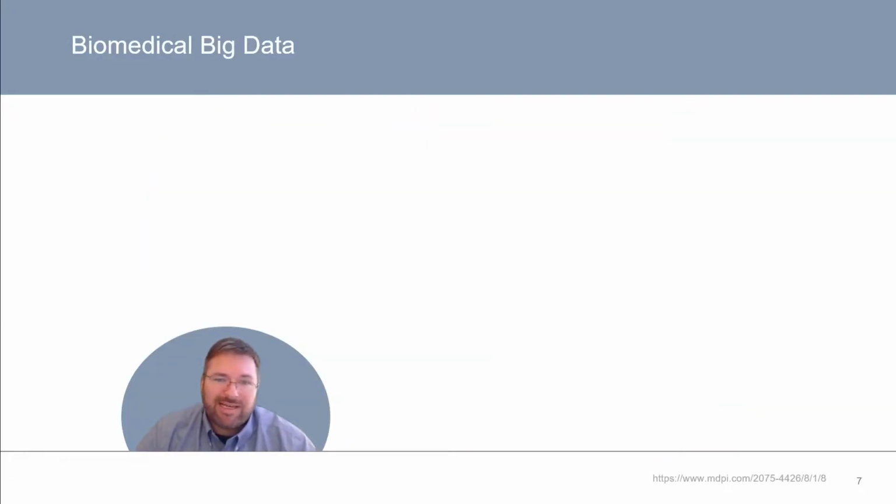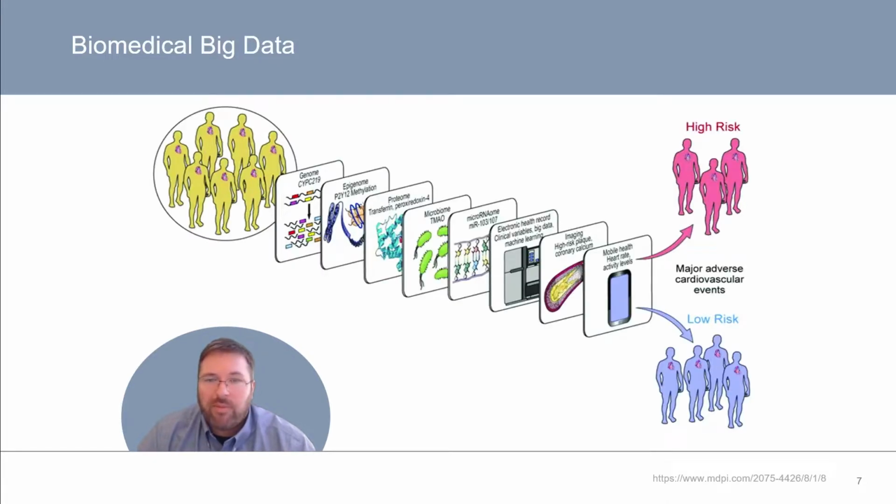Modern-day biomedical data has a tendency to be big, or have a very large number of features and possibly instances. As we alluded, biomedical data can come from many sources, including features and other data streams from the genome, epigenome, proteome, microbiome, microRNAome, electronic health records, imaging, mobile health, and many others.